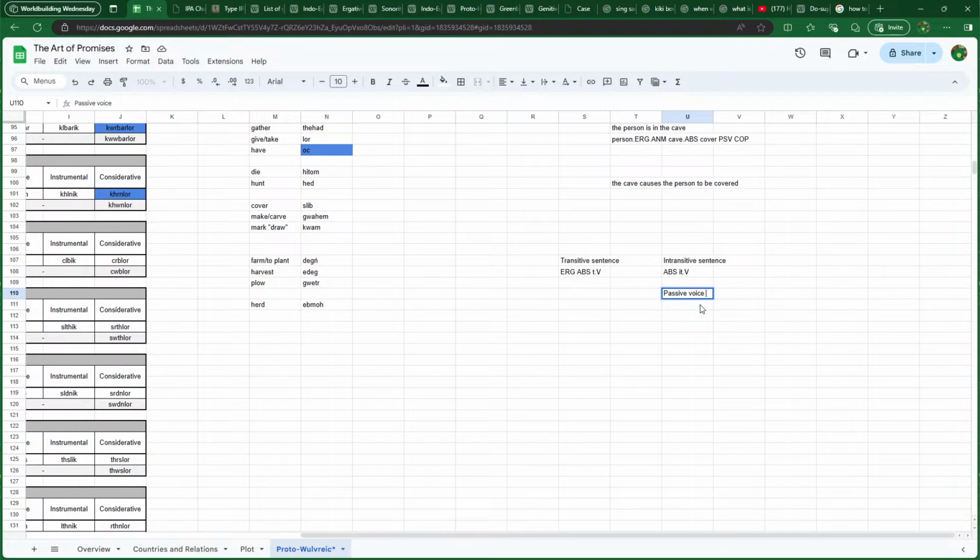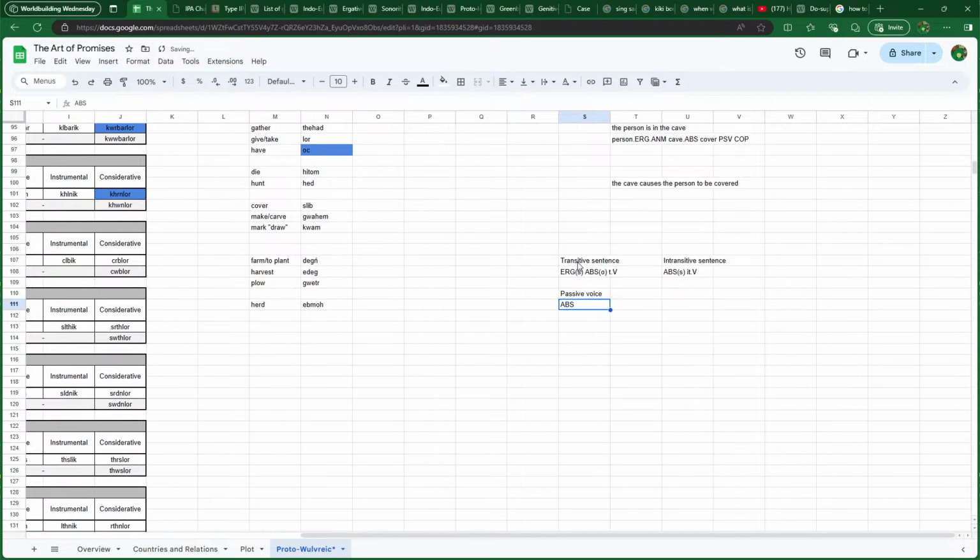So an intransitive sentence in the passive voice may look something like the absolutive object. So hold on. The ergative subject, absolutive object, right? This is the absolutive subject. But in the passive voice, we would have, and then this is to show that the transitive sentence, okay.